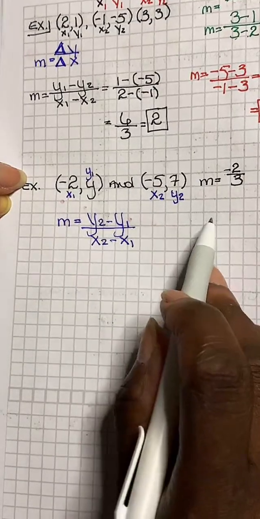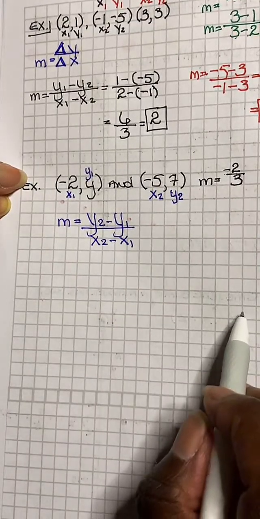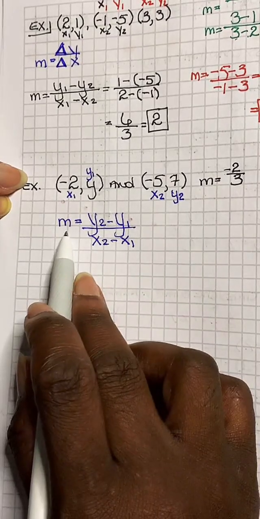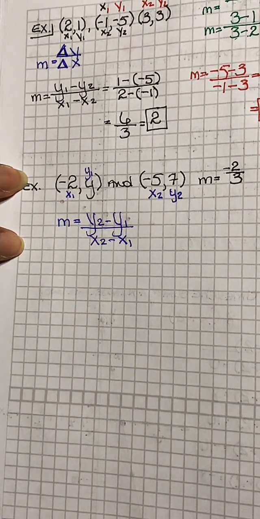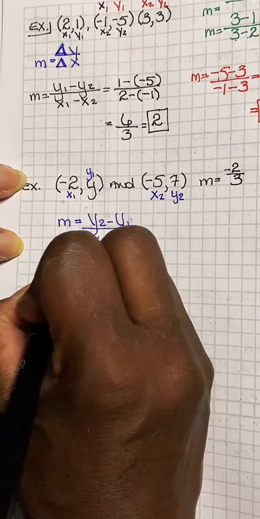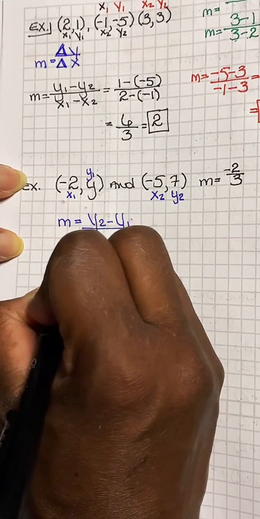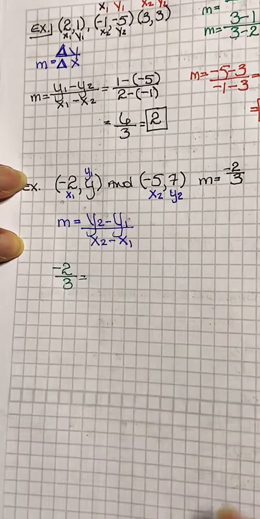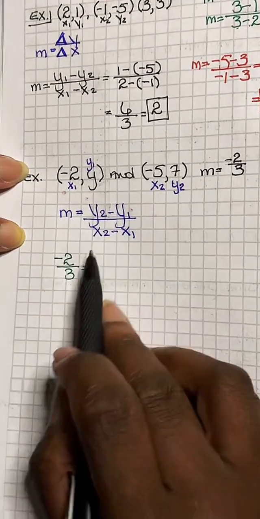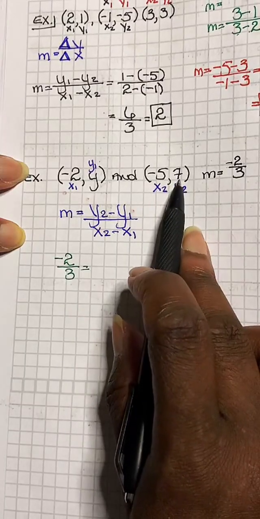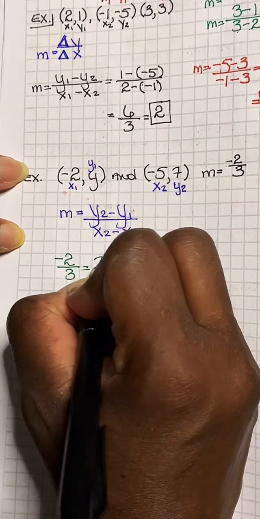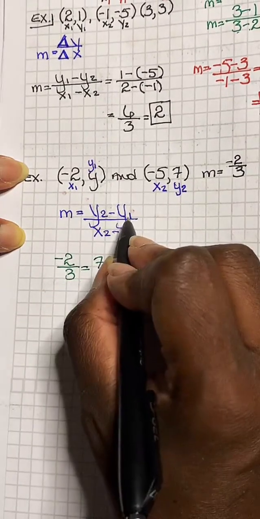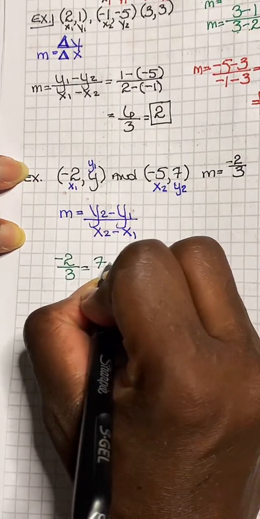So now we're going to plug stuff in. For my m, we're going to plug in our negative 2/3. And I'm going to make my fraction a little bit large. My y sub 2 is a 7. The y sub 1 is my y.